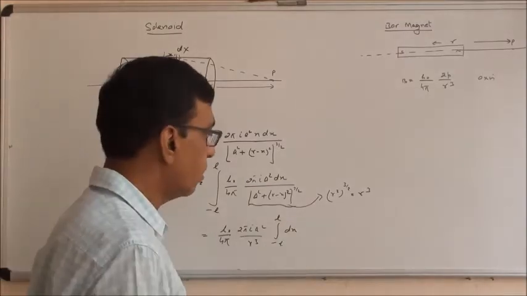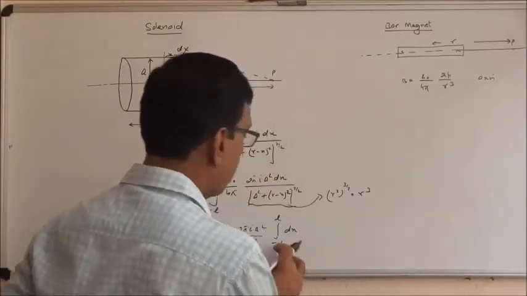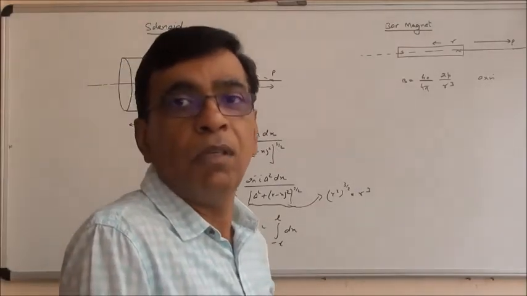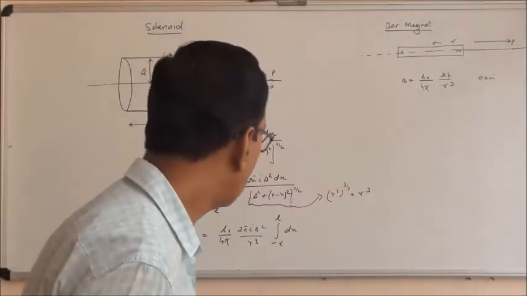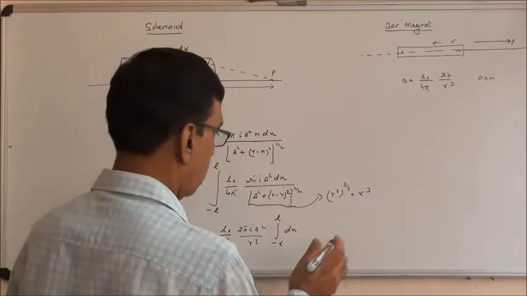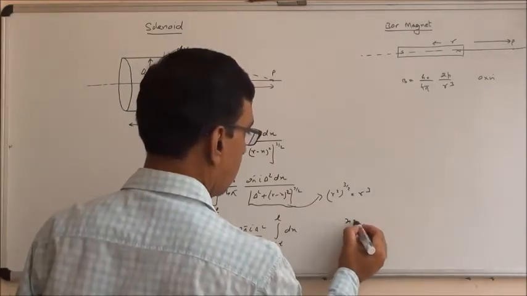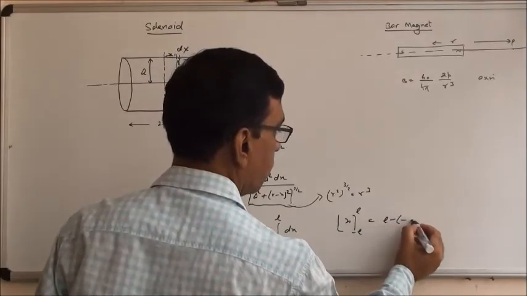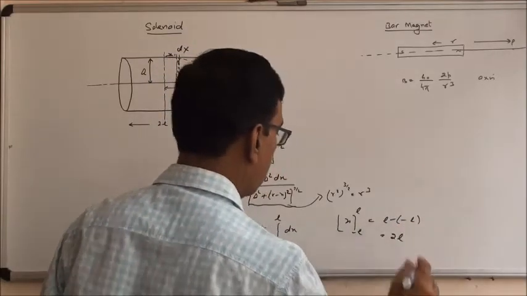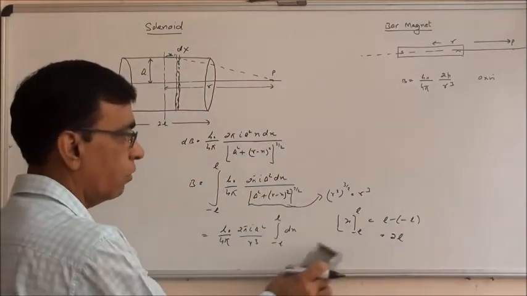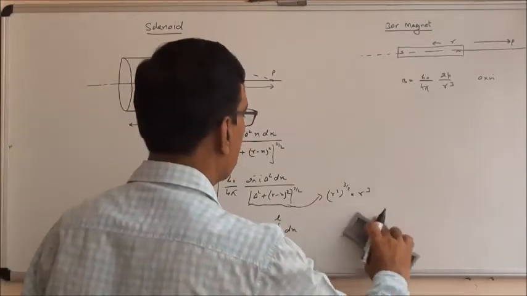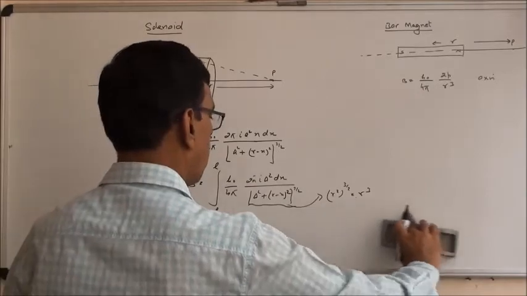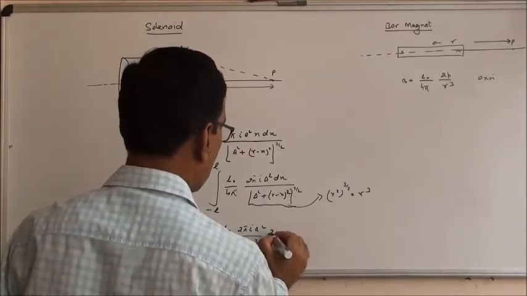It is x from minus L to L, so it becomes 2L. So this part will be 2L, and I am using here only n into 2L.